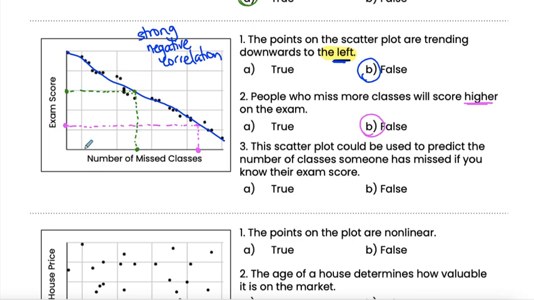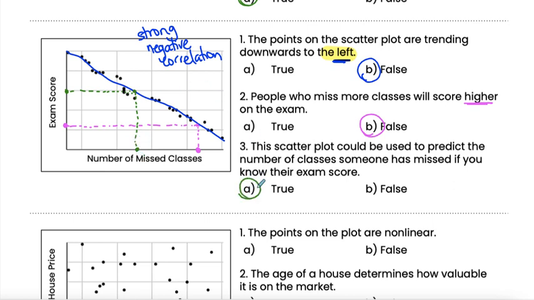I don't know what the scale might be here. Maybe this was 1, then 3, 5, so maybe this is about 4 classes. Or it could be going up by 2s. We don't know what the scale is. But if we know someone's exam score, we could follow over to the line of best fit and then come down and make a prediction about the number of classes that they missed. So this is true.